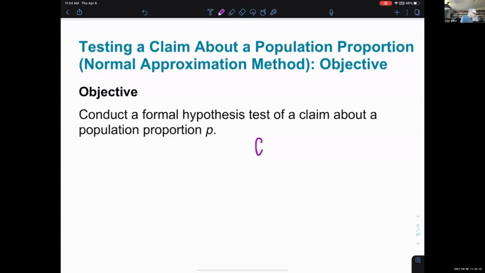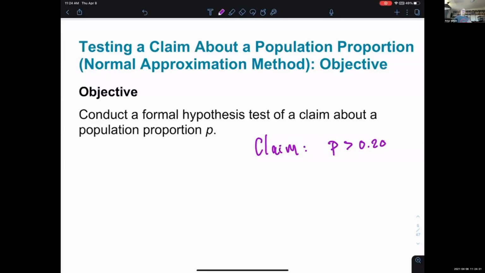So you could have as an example that the claim is that P, the population proportion, in this case of people wearing a blue article of clothing, is greater than 20%. And we would want the objective of conducting a formal hypothesis test of this claim.